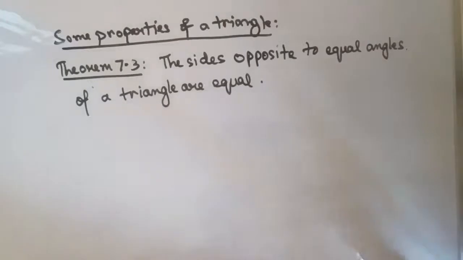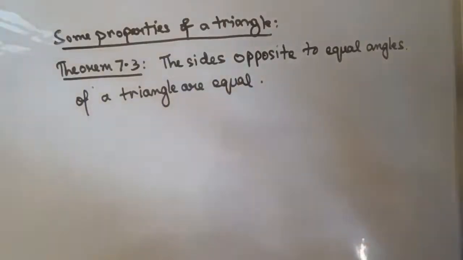The next property comes under the heading Theorem 7.3, which states that the sides opposite to the equal angles of a triangle are equal. This is the converse of Theorem 7.2, which we have just learned.